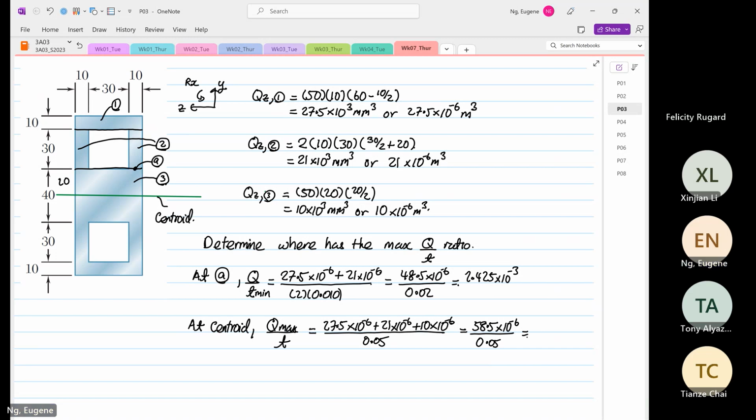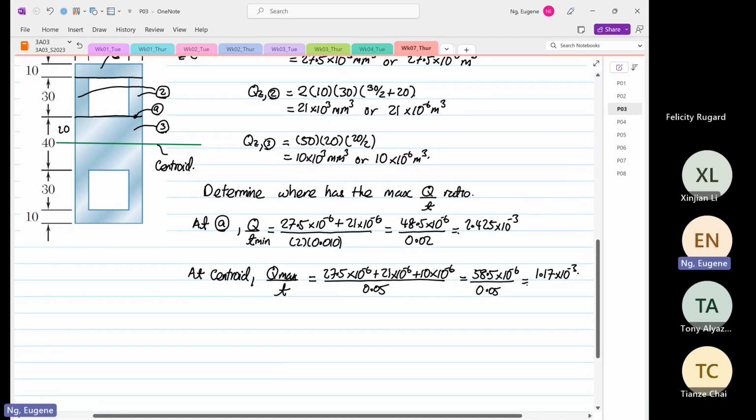Now it's 1.17 times 10 to the power minus 3.